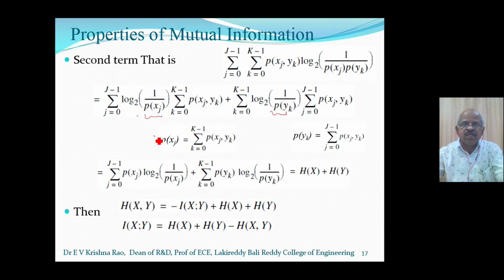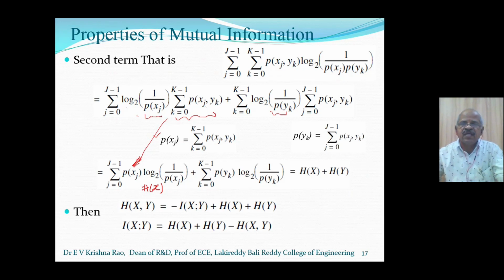This is the input probability: the sum of all these joint probabilities over the whole range of k for every given xj gives p of xj. So we have p of xj times the logarithm base 2 of 1 by p of xj. This is H of x, the average information, the entropy.